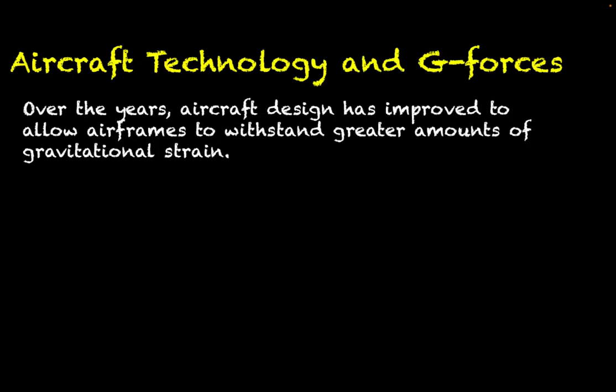So, over the years, aircraft design has improved to allow the airframes to withstand greater amounts of gravitational strain. So, airplanes are just built better than how they used to be. And the benefit to this is that airplanes are much more reliable, they're much more sturdy, and they can hold up to the stresses of flying through the air at high speeds compared to how it used to be.